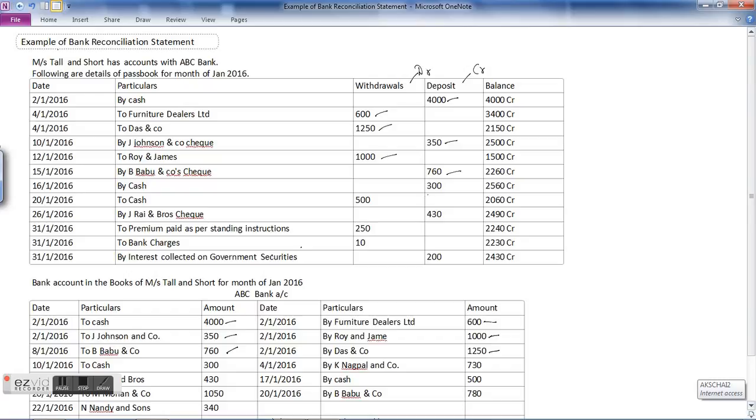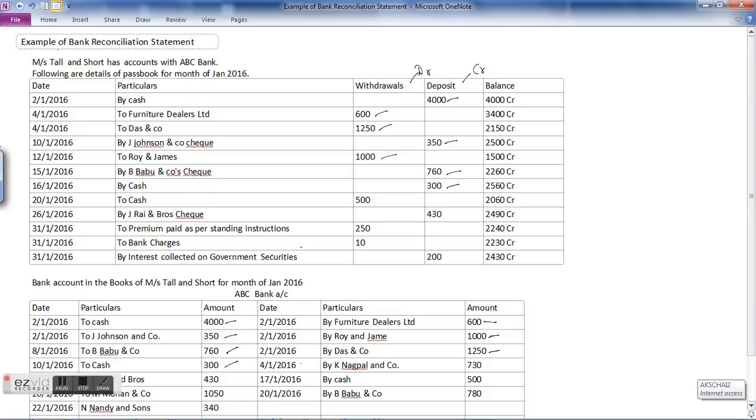Then by cash deposit 300 rupees on 16/1. So on the debit side we'll see. You have it, cash 300 rupees. Then to cash 500 rupees on the debit side, so the entry has to be on the credit side.